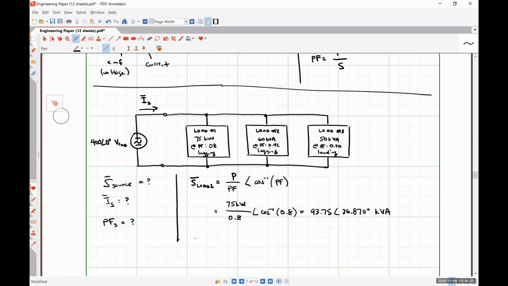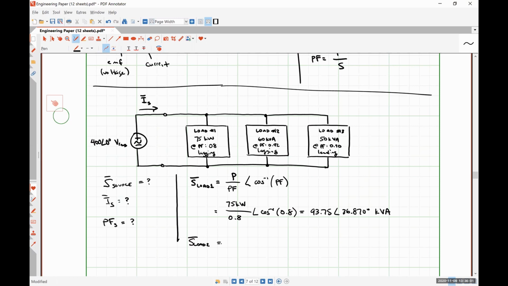Let's look at load two. This is where things might get a little confusing for some of you, because our methodology here, even though it looks like we have extraordinarily similar information, is going to be slightly different. And the reason is because we were told that the load draws 60 kVA. And 60 kVA is representative of the apparent power, not the average power.